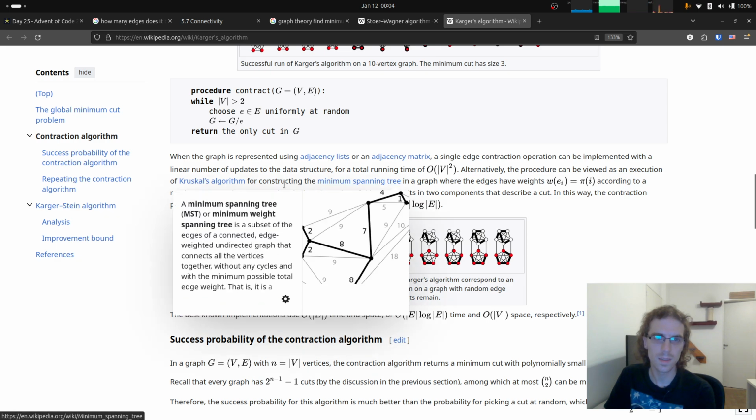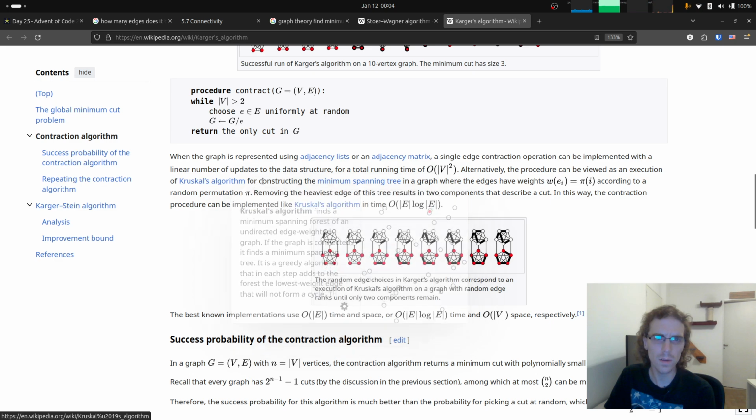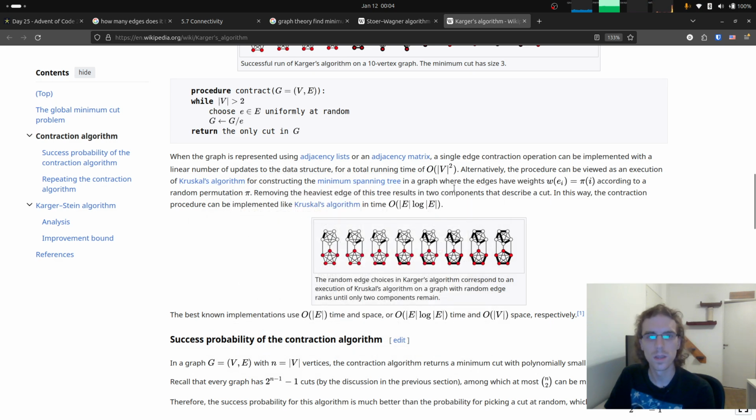Well, this gets complicated again, like more algorithms constructing a minimal spanning tree in a graph where the edges have weights. What? E pi? Oh, random permutation pi, not the number constant, the circle constant. Removing the heaviest edge on this tree results in 2 components that describe a cut.